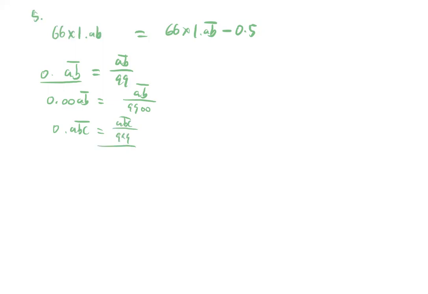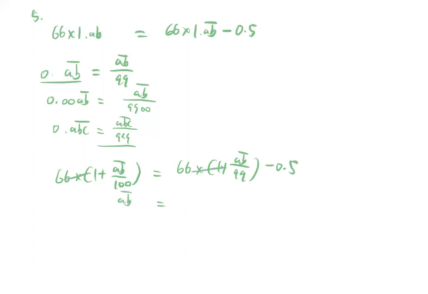Basically, we use the same logic here. So we have 66 times 1 plus AB divided by, sorry, divided by 100. And this equals 66 times 1 plus AB over 99 minus 0.5. So the 66 cancels out. So we have this form.